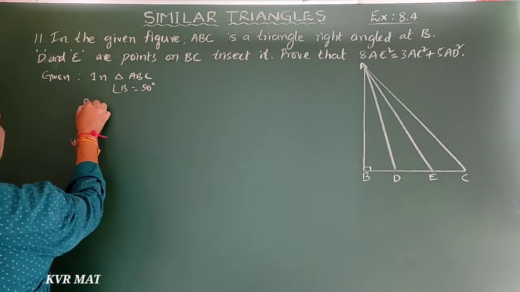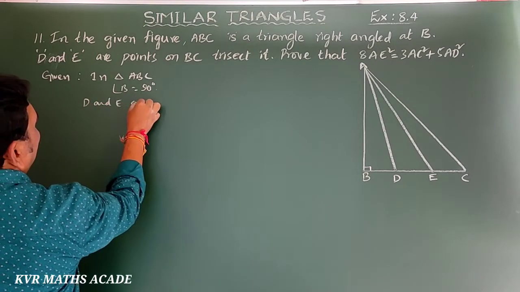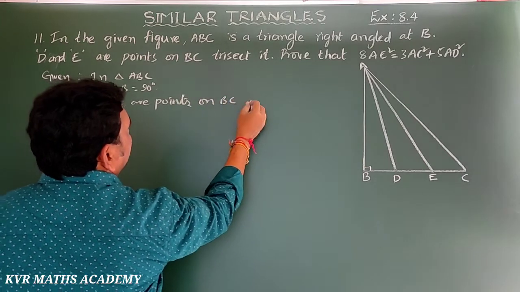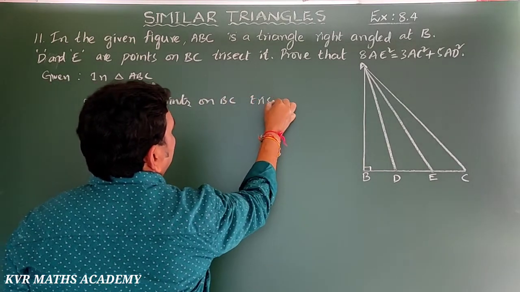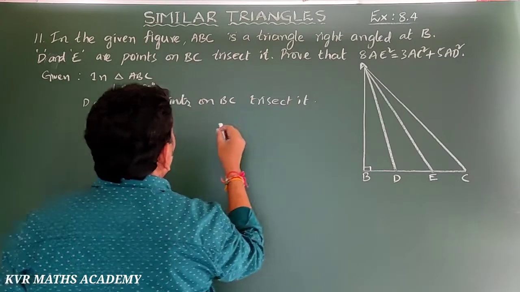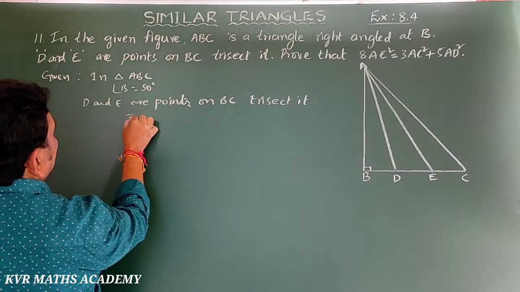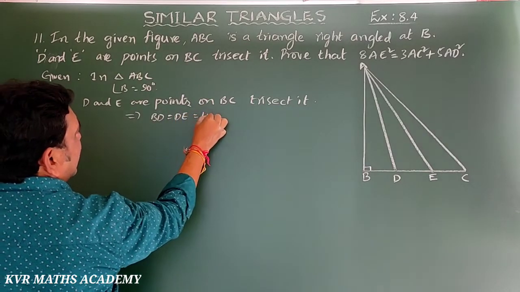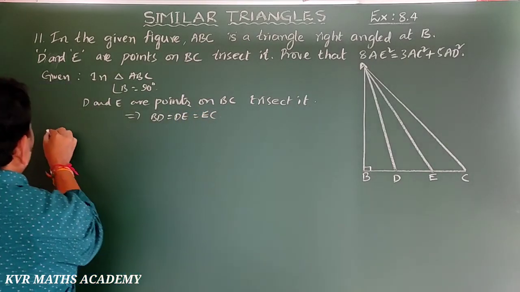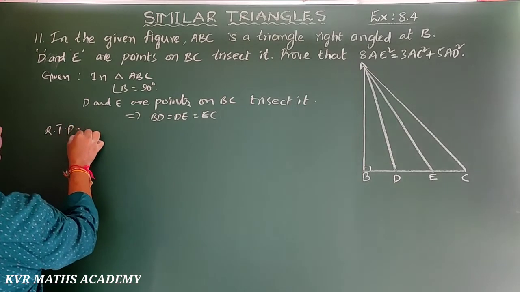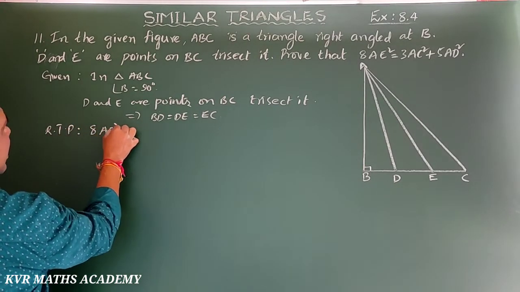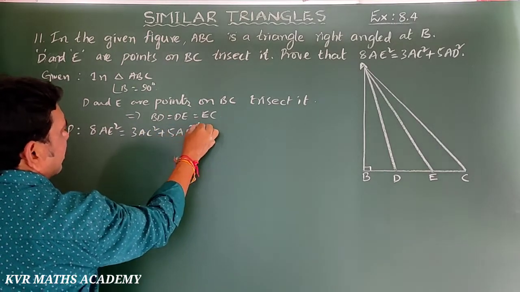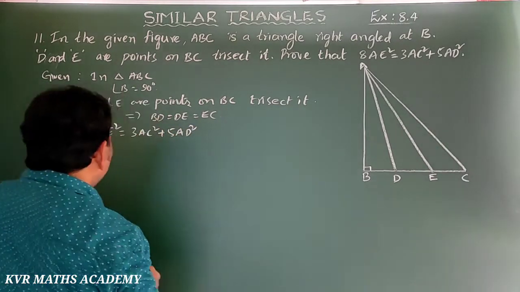D and E are points on BC that trisect it, which implies BD is equal to DE is equal to EC. RTP: 8AE square is equal to 3AC square plus 5AD square. Proof.